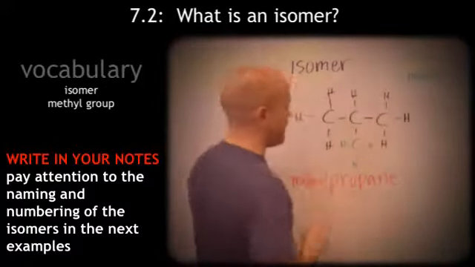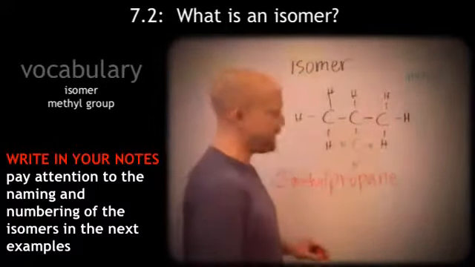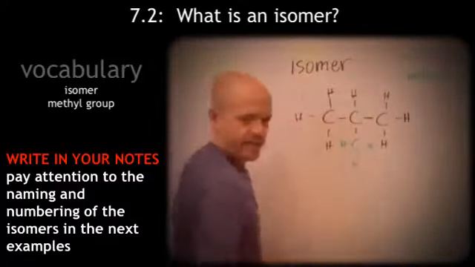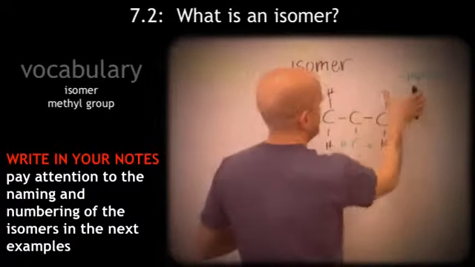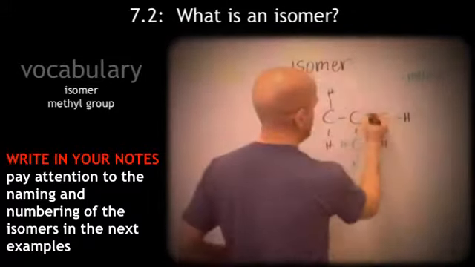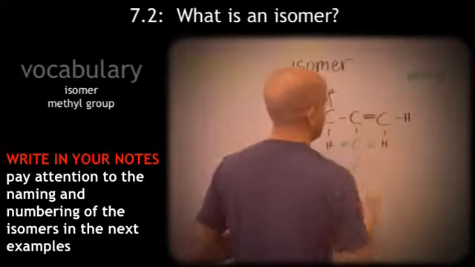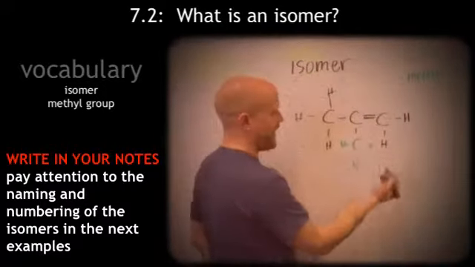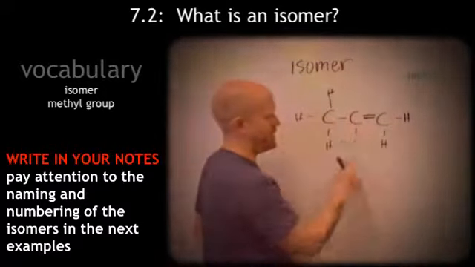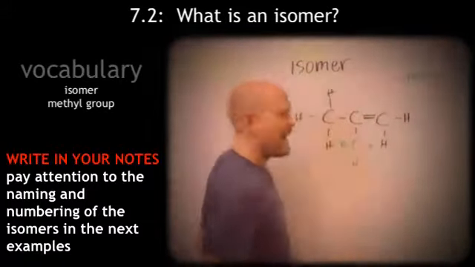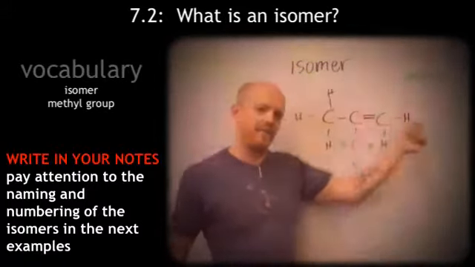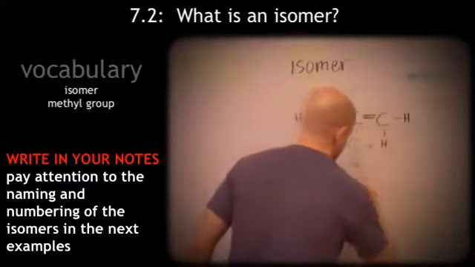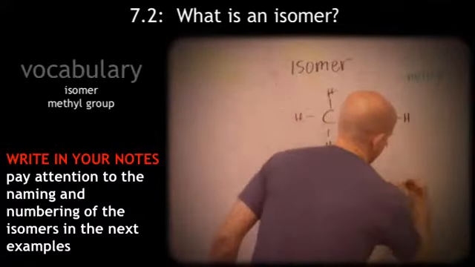Now I'm going to go a little bit more complicated, and let's say we have a different type of compound. We still have a 3 carbon chain. I'm going to choose the carbon chain that has the double bond, because we know how to name that. We call that one with the double bond propene.